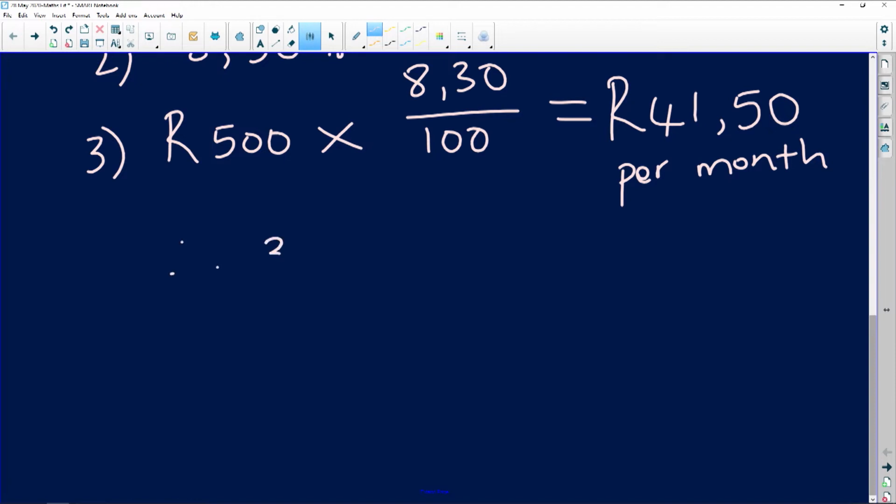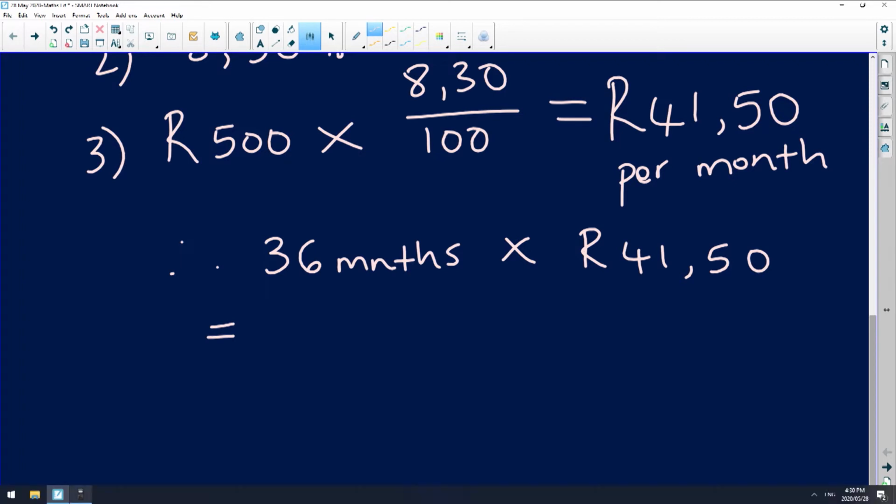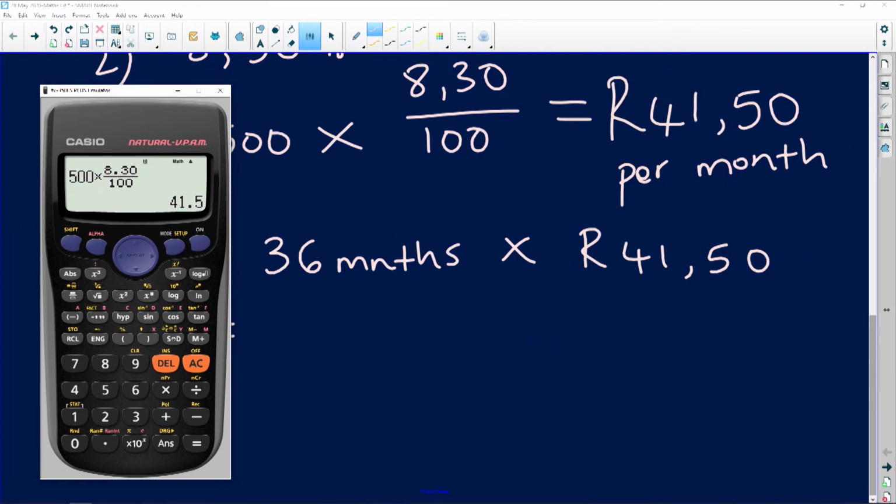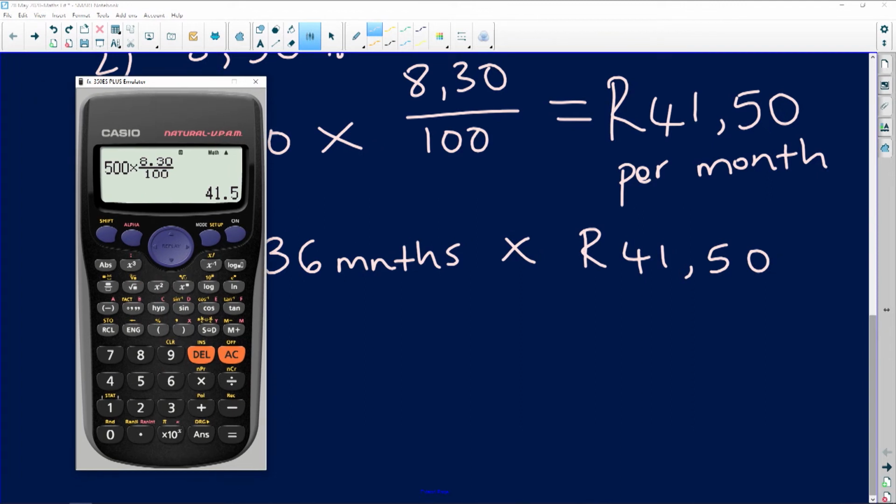Therefore, 36 months, just an abbreviation there, times the 41 rand and 50 cents. Let's go calculate that, which is going to give us, I'll just say, multiplied by 36. That's my answer. Oh, sorry, multiplied by 36, which gives me 1,494.